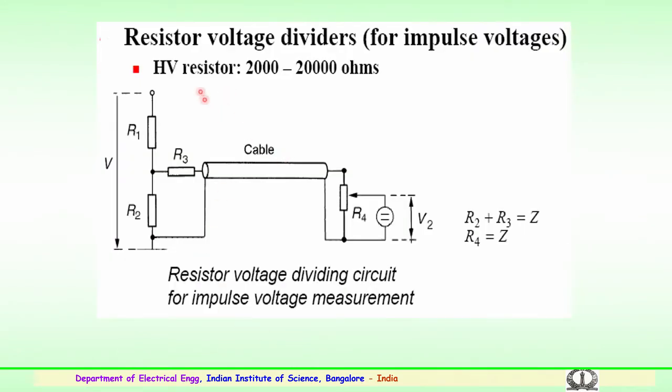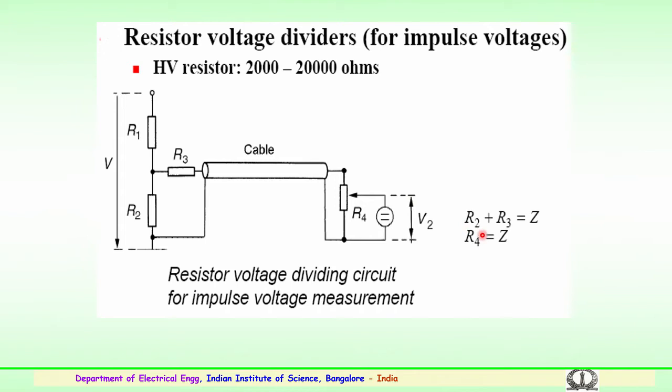The resistive voltage divider, particularly for impulse voltages, is connected as shown here. For example, R1 is the higher voltage arm of the resistor and R2 is the low voltage arm. Depending upon the cable impedance, proper termination has to be employed using suitable resistors R3 and R4, with a protection arrangement to measure the value.